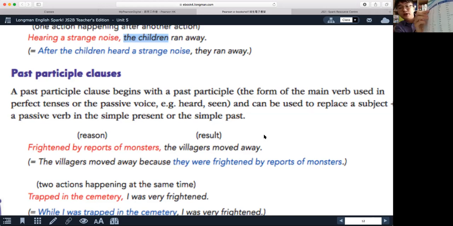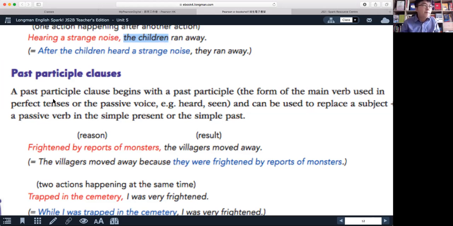The first one is infinitive. And the second column is simple past. And the third column is past participle. Oh, so this is past participle. Oh, now I know what past participles are.